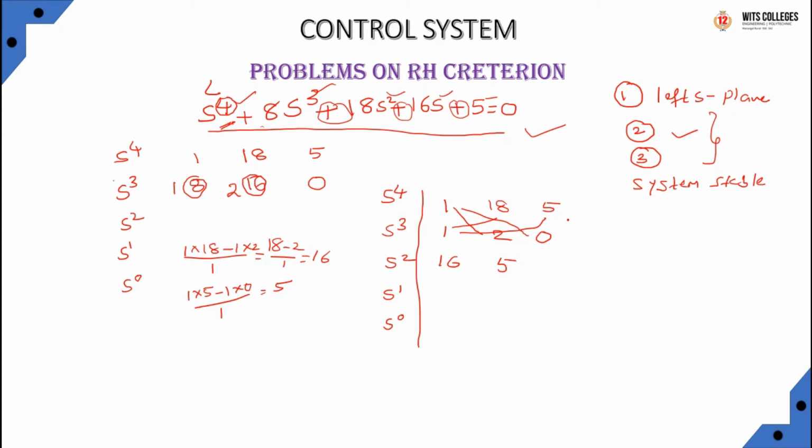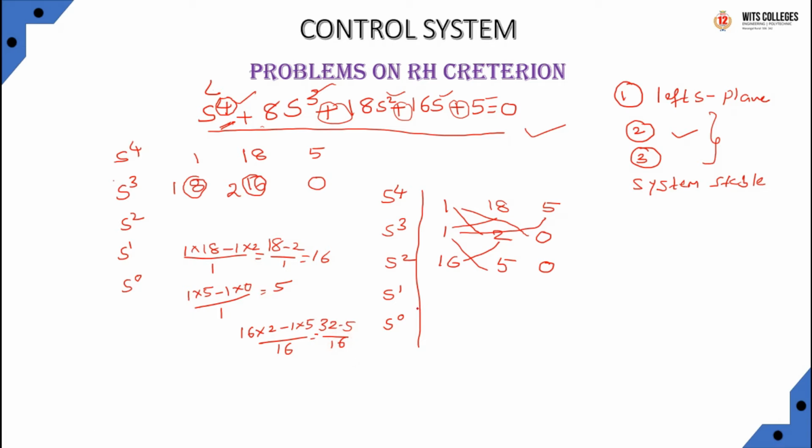Again, these have no coefficients, so we just put 0. Here again, 16 into 2 minus 1 into 5 by 16, that is 32 minus 5 by 16.